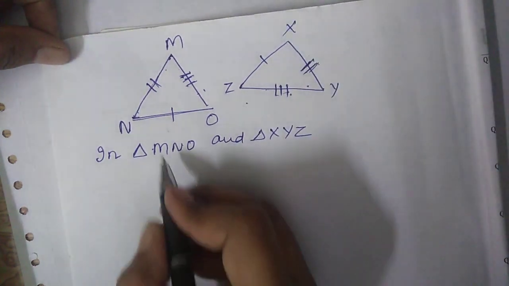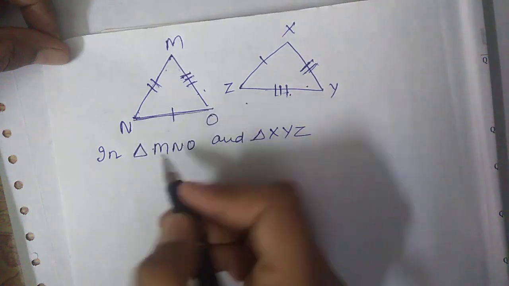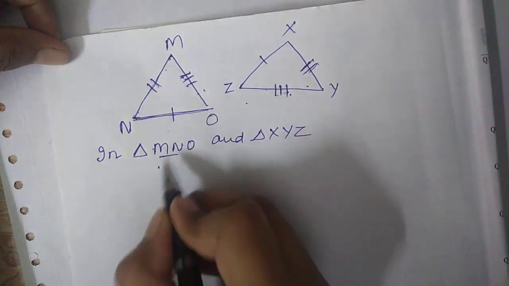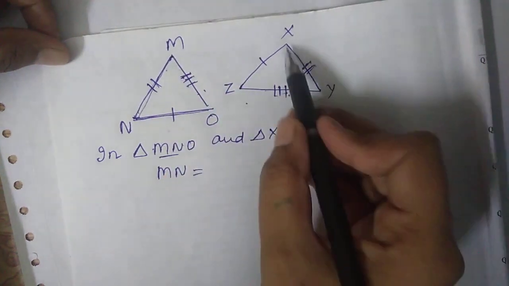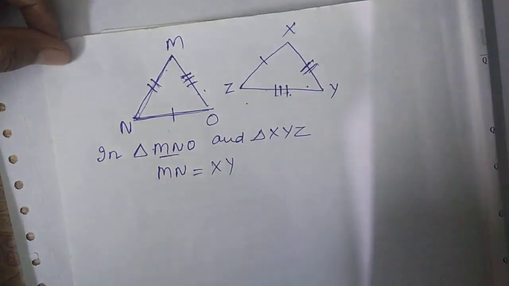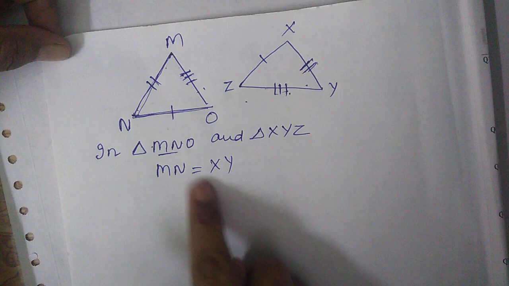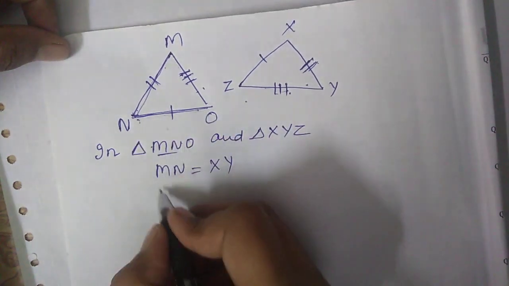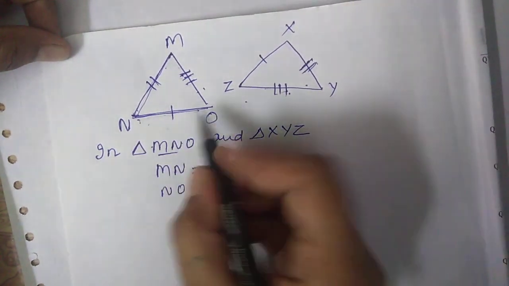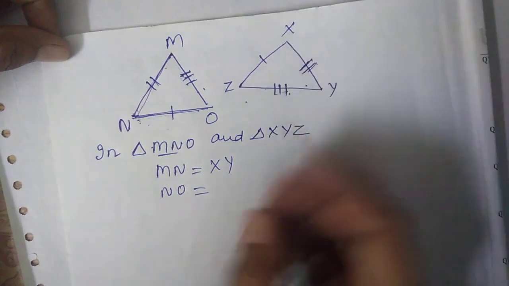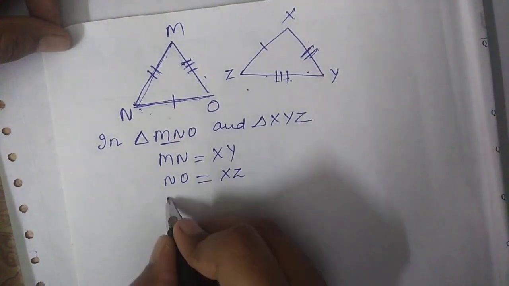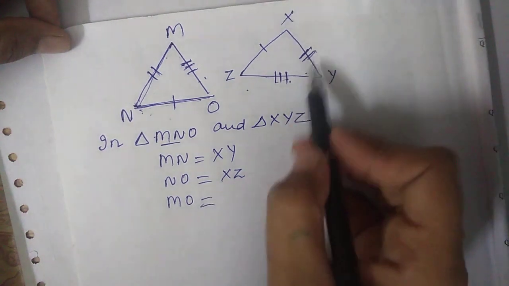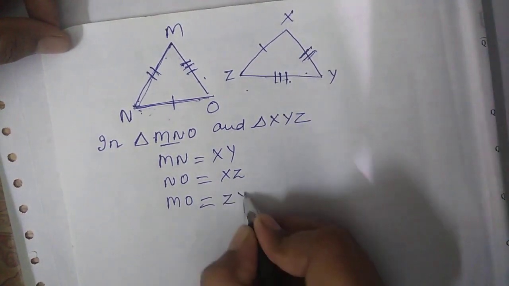Let us take this side. MN is equal to what? MN is equal to XY. These two sides are equal. Then NO is equal to what? NO is equal to XZ. I will write XZ. Then MO is equal to ZY.